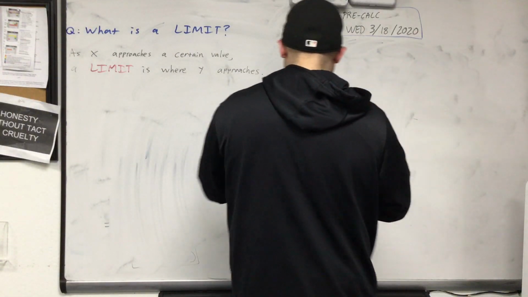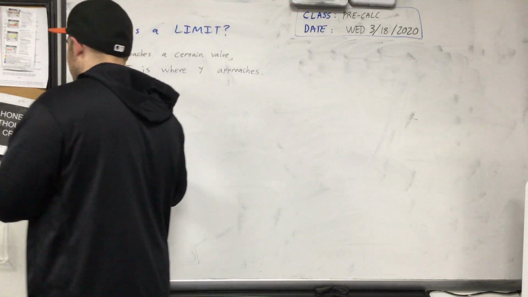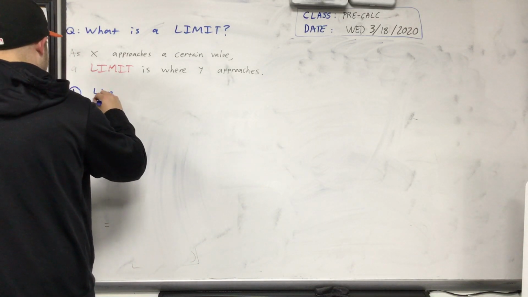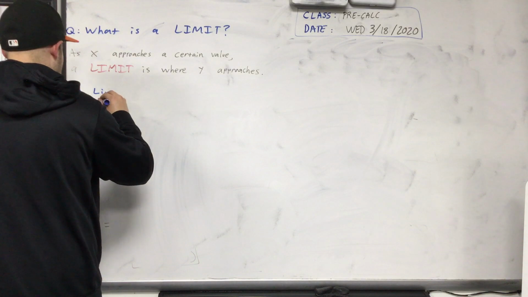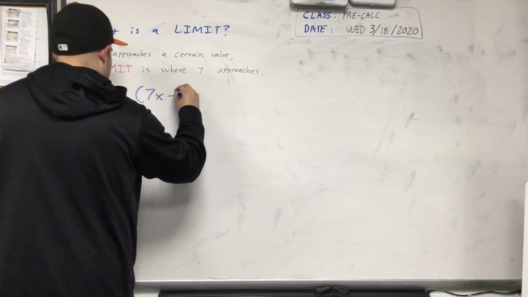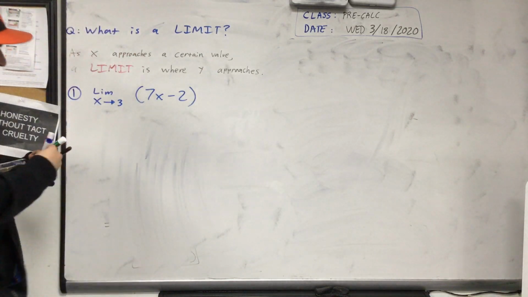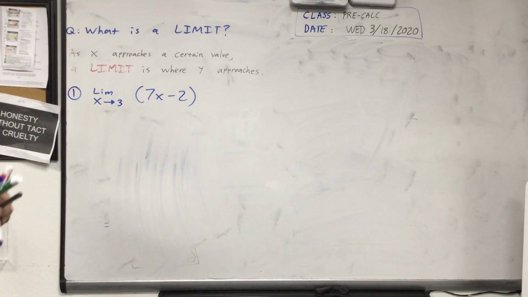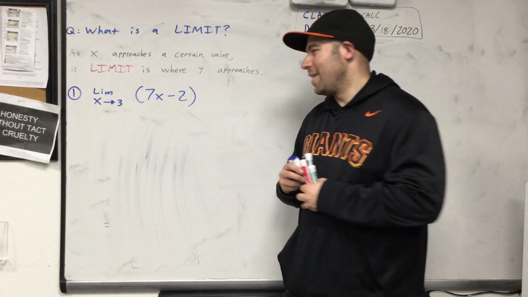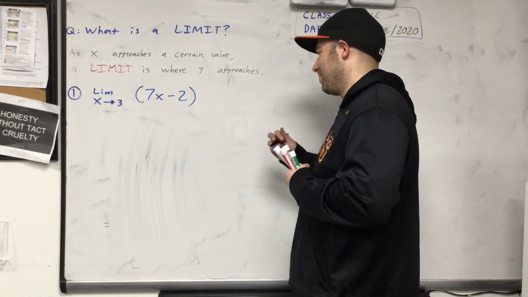So for instance, let's take a simple version like the limit as x approaches 3 for 7x minus 2. Now, let's be real. If I wanted to approach x equals 3, I could play this game.